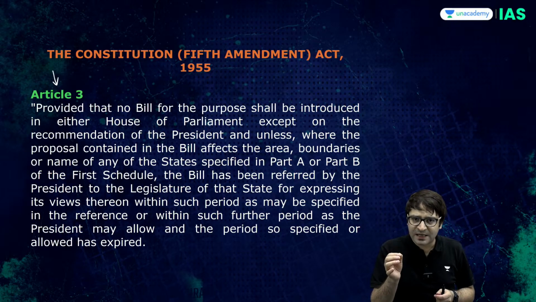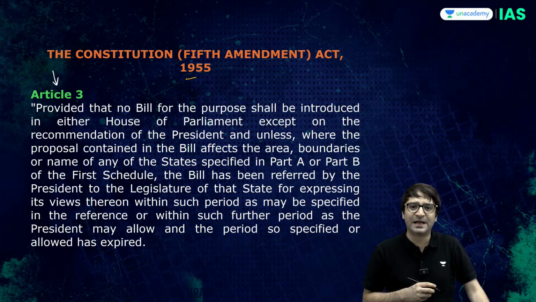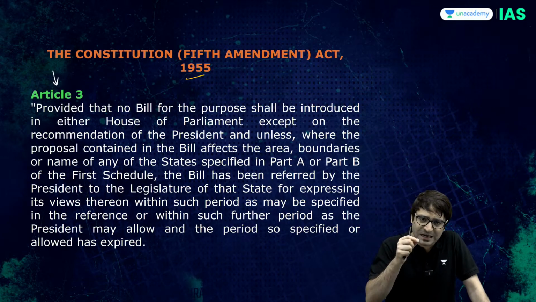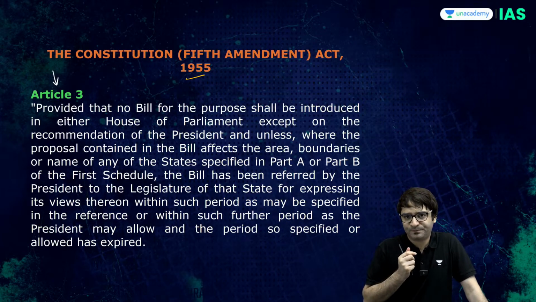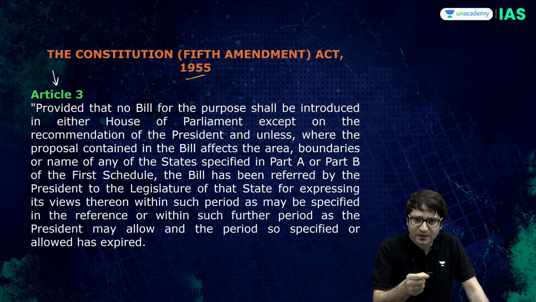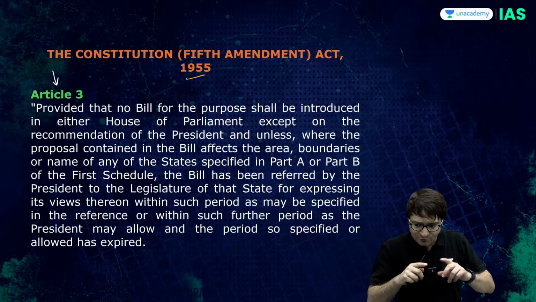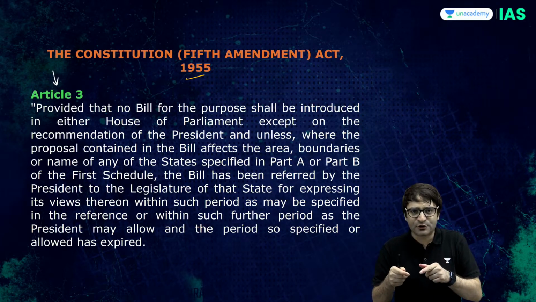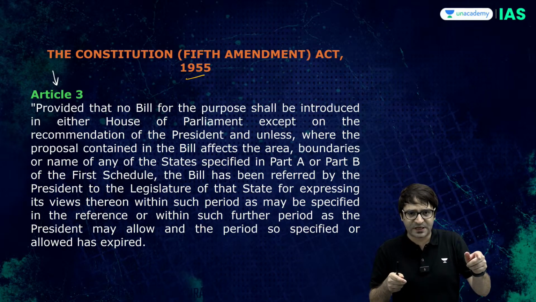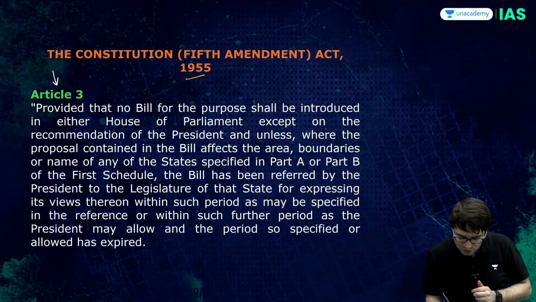But a proviso was added in 1955 by the 5th Constitutional Amendment Act, which basically included a consultative process. It said that if such a bill under Article 3, before it is introduced in the Parliament, should be sent to the President for his prior consent. And before the President can give his consent, the President should refer this bill to the legislature of a state which is going to be affected by that bill, asking for the views of that state legislature.